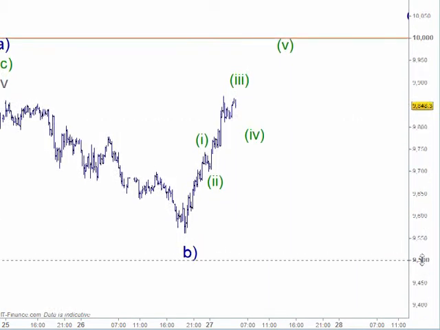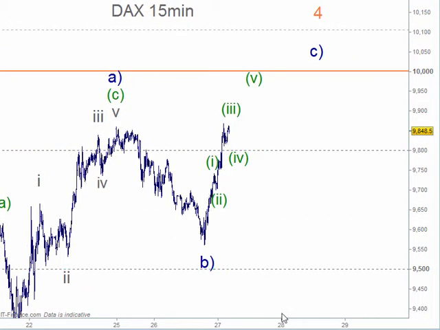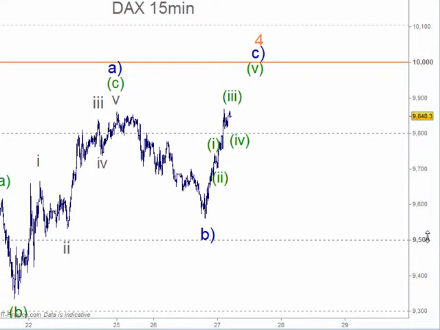But the main point here, as you can see, is that we really need for this to finish here and play out here. So I suggest that we just wait and see what occurs after we get to this point here. If we get 3 waves back from here, then we know that we're going to be going higher.